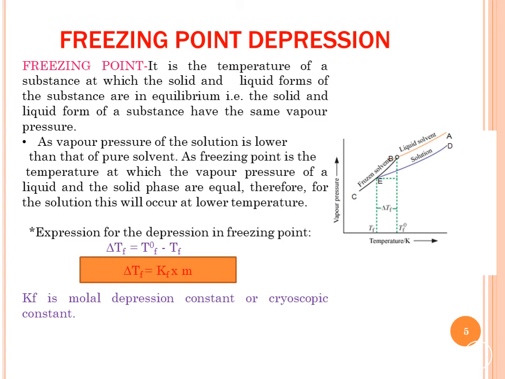Delta T F, as I just told you, is the depression in freezing point, which is equal to T naught F minus T F. Here K F is a constant called the molal depression constant or cryoscopic constant, and m is the molality. The depression in the freezing point depends on the concentration of the solute in a solution, and it is related to the molality. That is the reason why we have given m here.